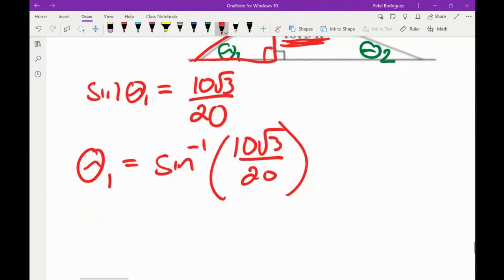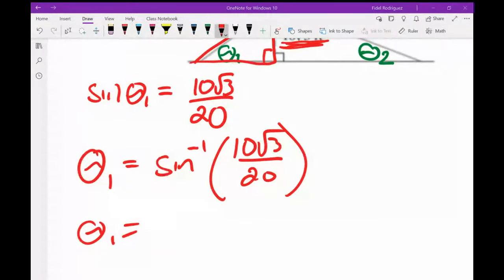And so guys, all I'm going to do now is grab my calculator. First thing I'm going to do, make sure I'm in degrees because it's telling me to use degrees, okay? All right, so we're going to find the arc sine or the sine inverse. And guys, I'm going to enter it exactly as I see it. I see 10.